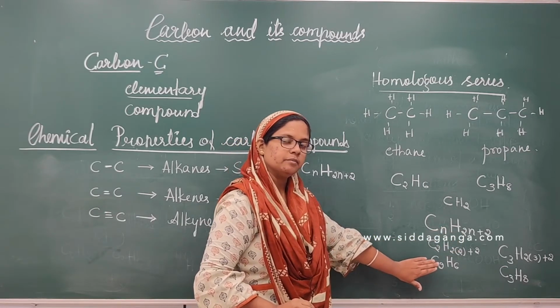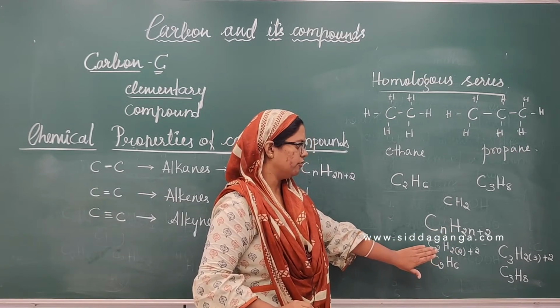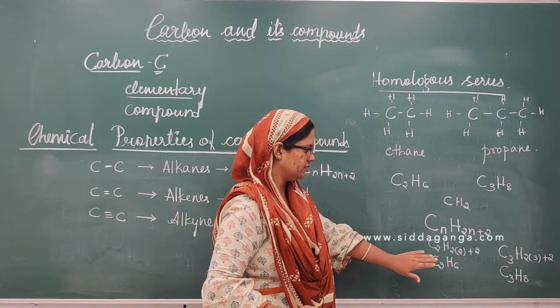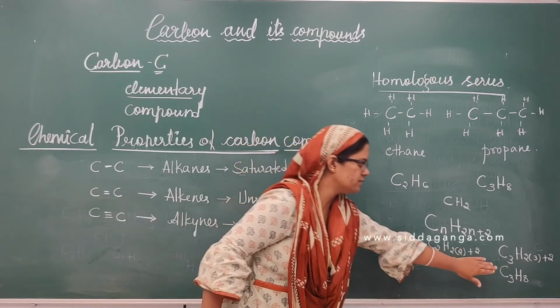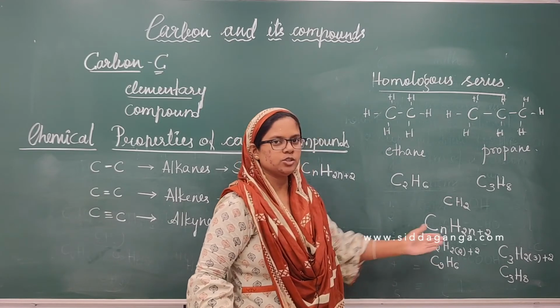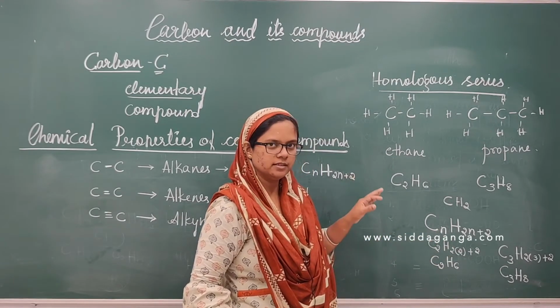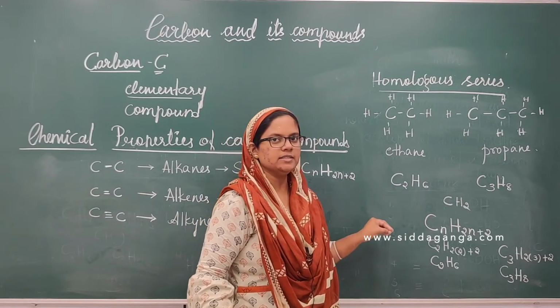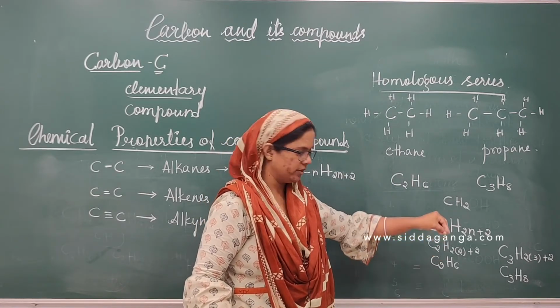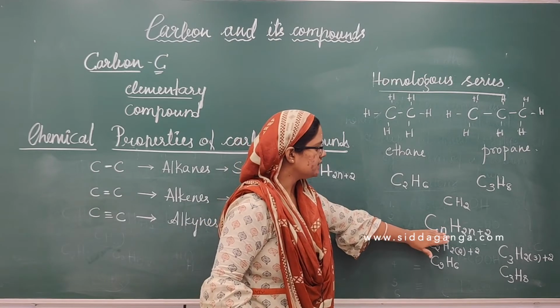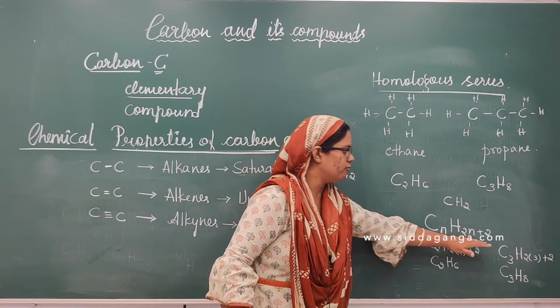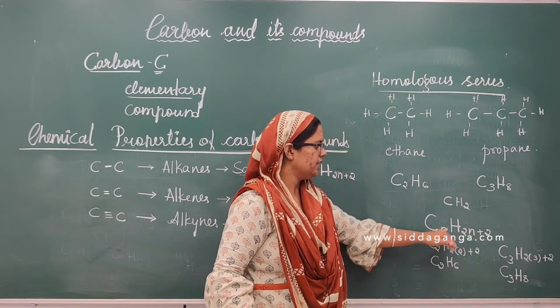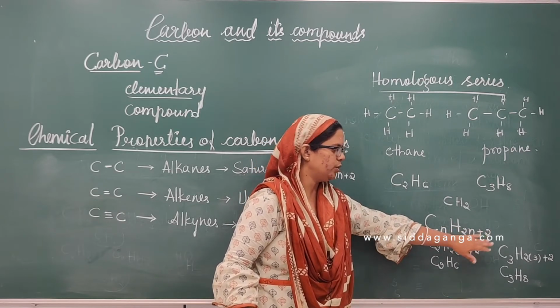This is the formula of ethane, and this is the formula of propane. These two differ by a CH2 group, and that is called a homologous series. This is how we can generate the general formula CnH2n+2.